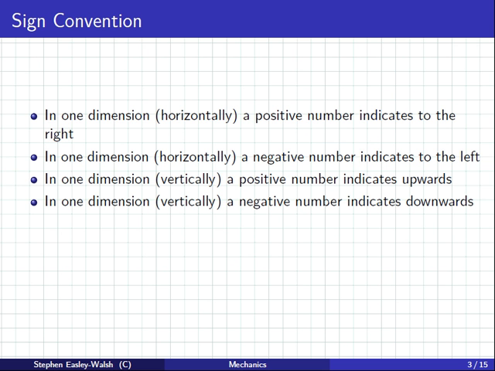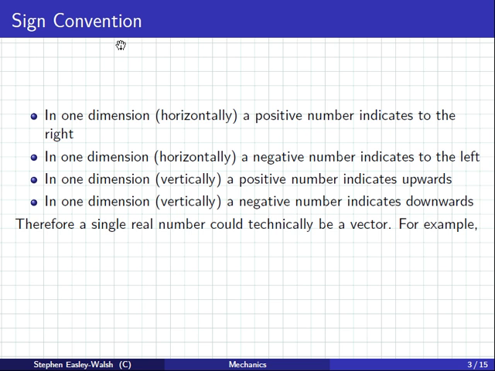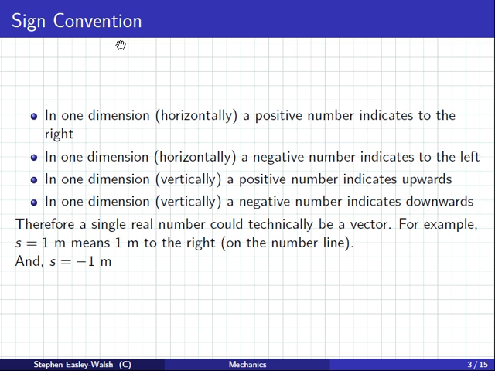Okay? Right. So, a single real number could actually be a vector. For example, if I say s equals 1 meter, I mean 1 meter to the right. So there's a direction. But if I say s equals minus 1 meter, that means to the left.